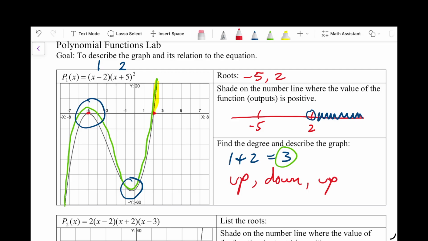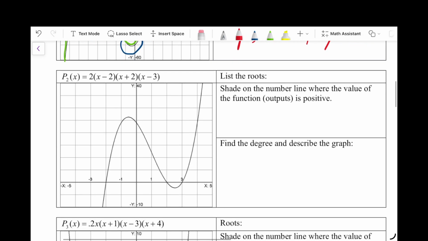Let's take a look at another one. Its roots are at -2, +2, +3. So -2, 2, and 3.